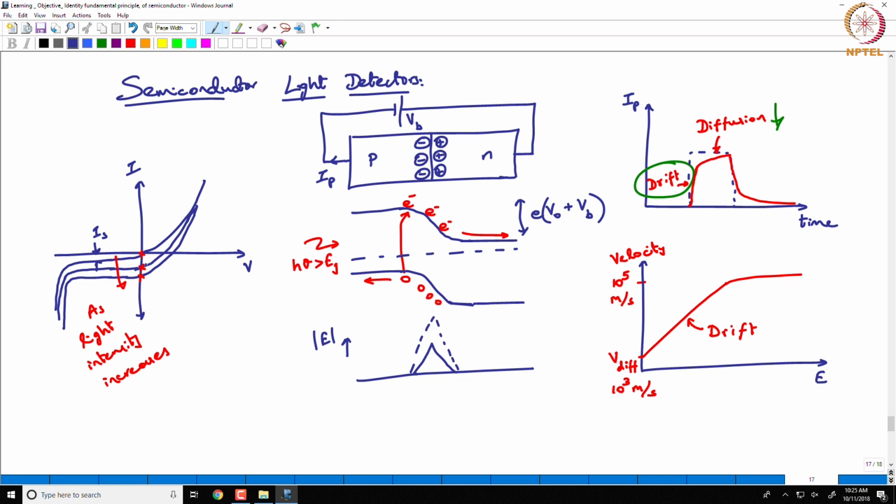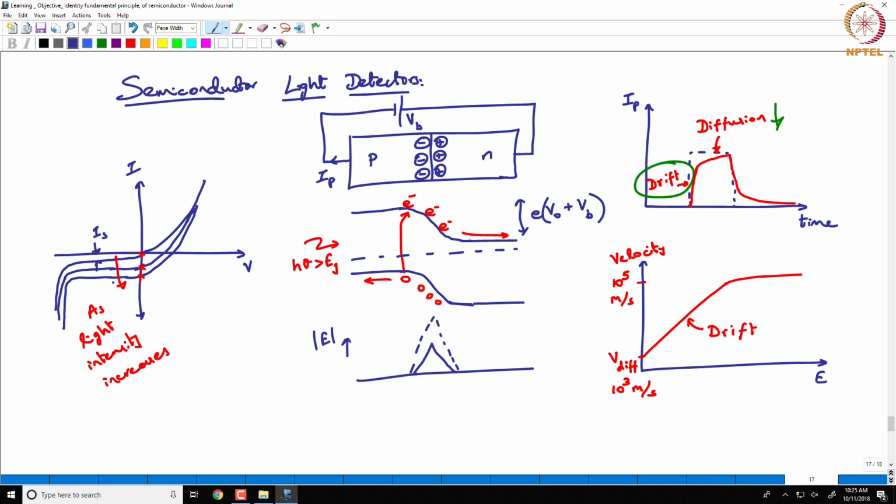So when we look at this graph closely, there is a slight difference between the current that you have at 0 bias and the current that you have at some finite value of bias. Basically, that will account for the electrons that you would lose in this process, or holes that you would lose on the other side as well.